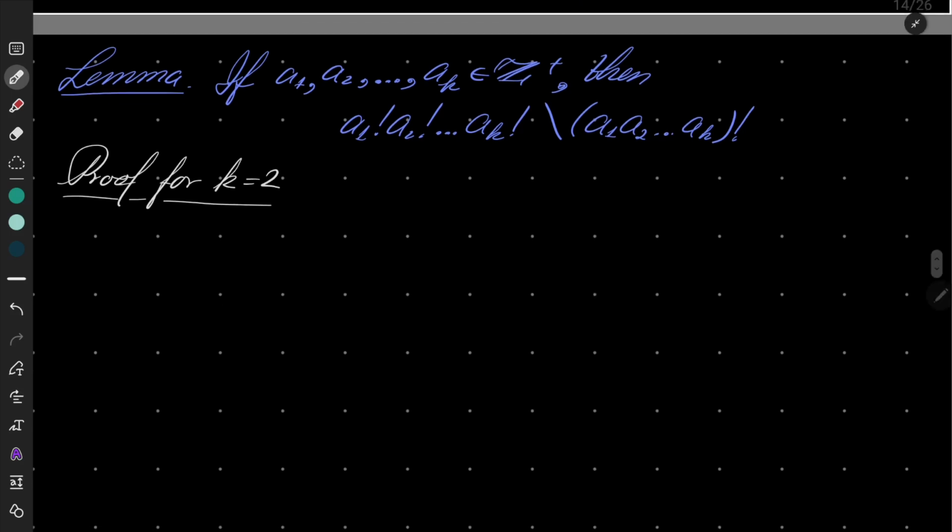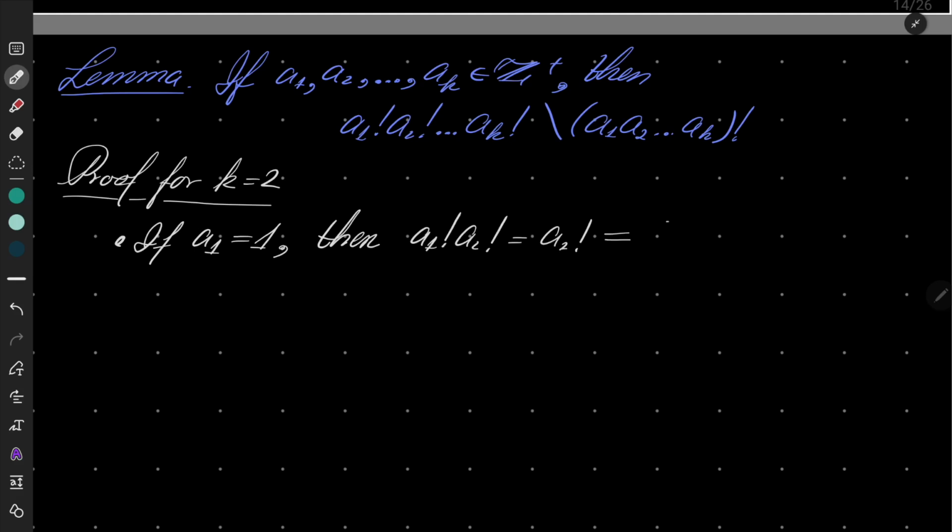So, okay. We now have two subcases. First, if a1 equals 1, then obviously a1 factorial times a2 factorial is just a2 factorial, and it's equal to a1 a2 factorial.